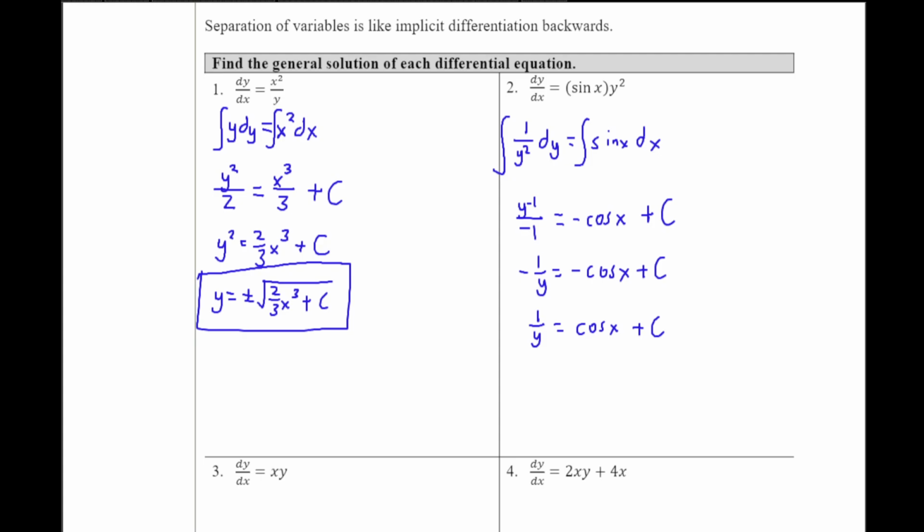You don't have to change the c, just everything else. Now, y is just equal to 1 over cosine x plus c. You just flip this around. Again, this is the same as if you multiply both sides by y and then divide both sides by cosine x plus c. This is what you get for y.